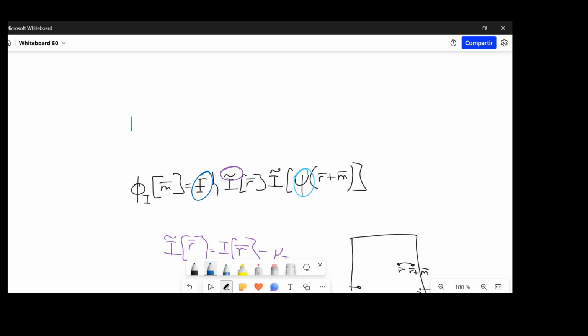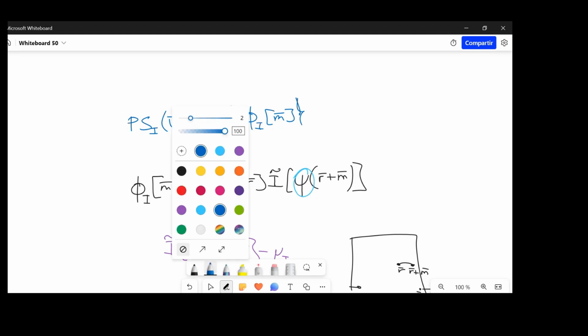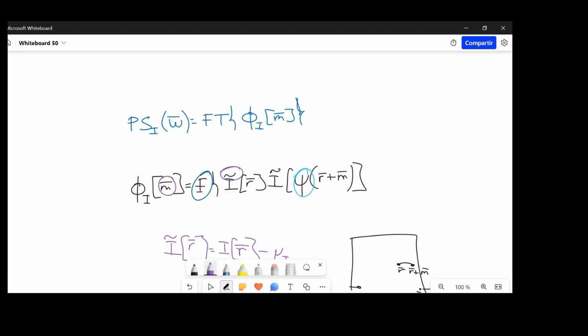So you know the power spectrum of an image at a given frequency is the Fourier transform of the autocorrelation of that image. Remember always that the argument of the autocorrelation is lag. This is not R. It is the lag.